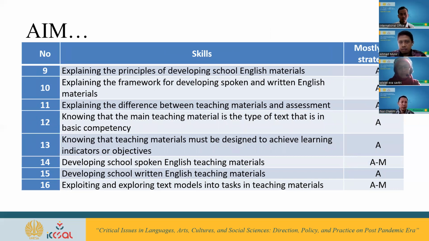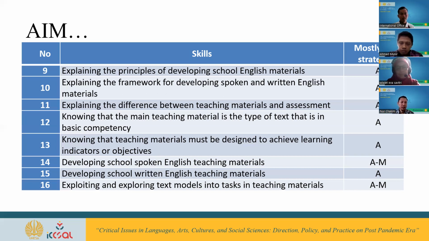Number 9, the skills in AIM are explaining the principles of developing school English materials, explaining the framework for developing spoken and written English materials, explaining the difference between teaching materials and assessment, knowing that the main teaching material is the type of text that is in basic competency, knowing that teaching materials must be designed to achieve learning indicators or objectives.